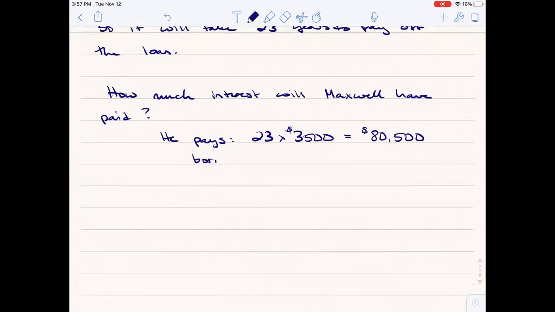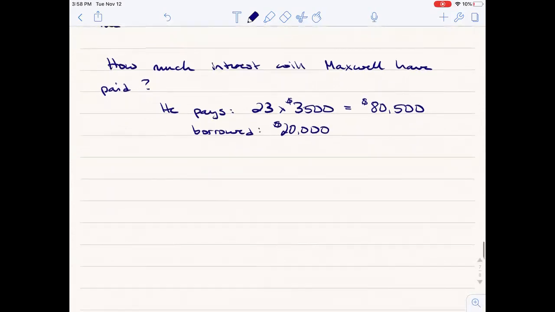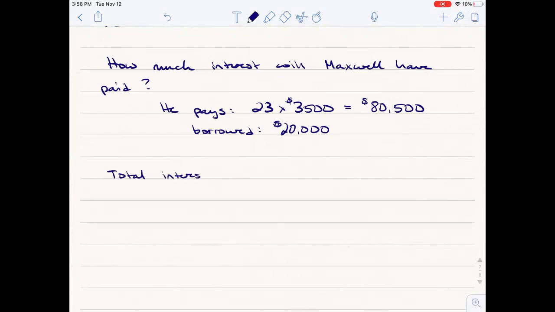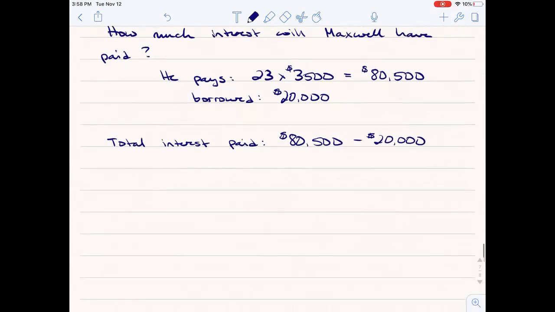He borrowed 20,000. Right, so the total interest paid must be 80,500 minus 20,000, right? That was the amount of the loan, which must be $60,500.